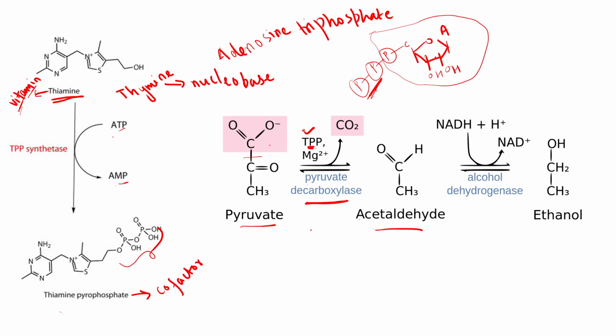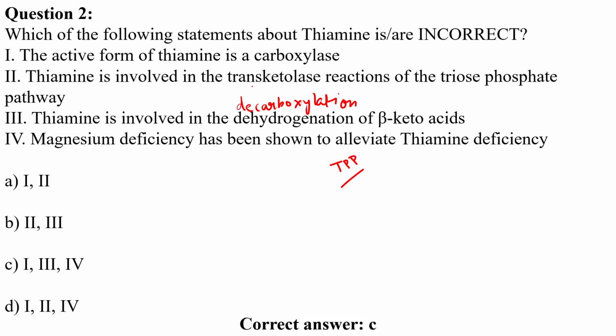For now you just remember that thiamine, which is vitamin B1, is converted into TPP, which is the active form of thiamine. It is a cofactor which is important in decarboxylation and transketolase activity. It is important in 2 kinds of reactions, transketolase reactions and decarboxylation reactions.